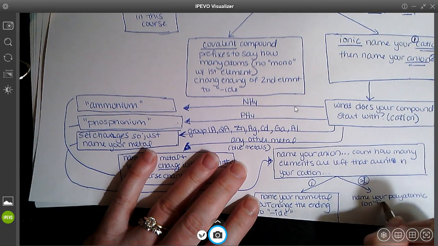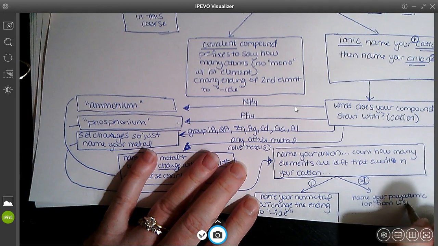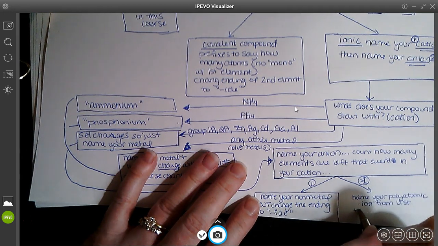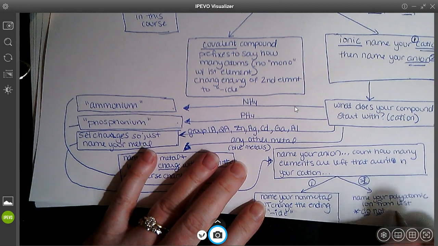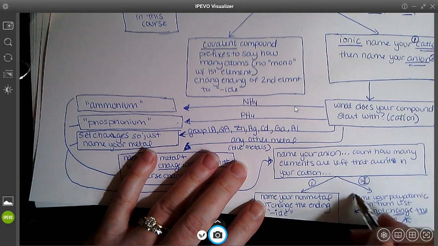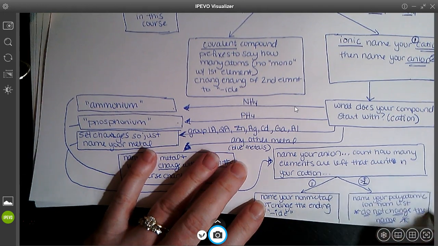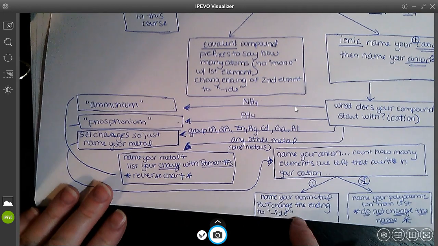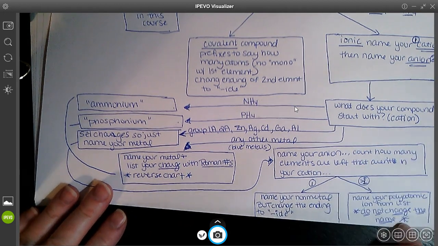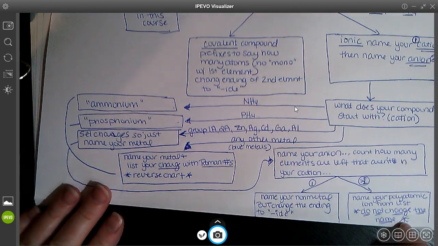And you're going to get this from your chart or from your list, right? There's a big deal here though. Do not change the name. Whatever the polyatomic ion's name is, that's what it is. You can't change it. When you change the ending, you're telling your reader that this is not elemental. It's in a compound. This isn't elemental. So it's ite or ide, whichever ending it has, it has to keep that ending.